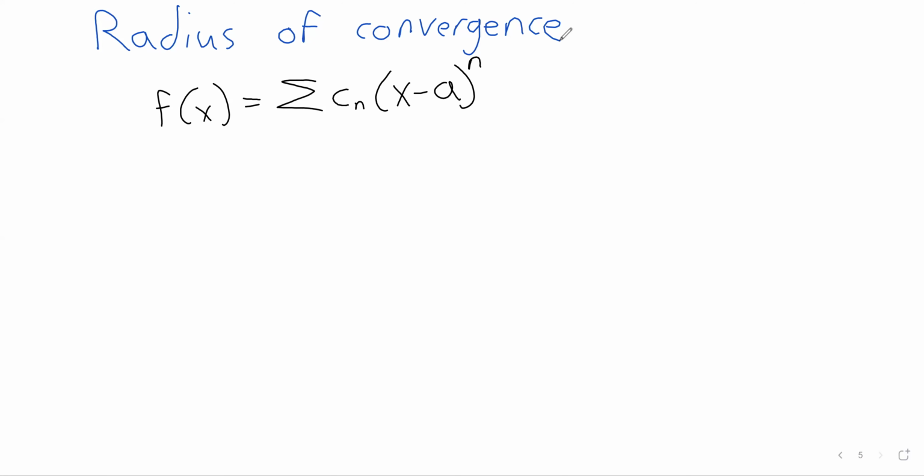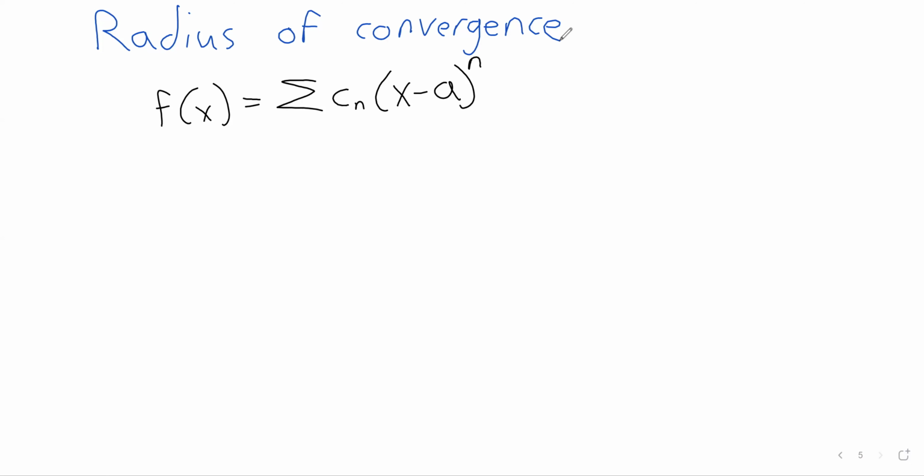It turns out that convergence is always going to look something like that. It's impossible to have a power series that converges on the rational numbers and diverges on the irrational numbers, for example. It's impossible to have really complicated convergence.